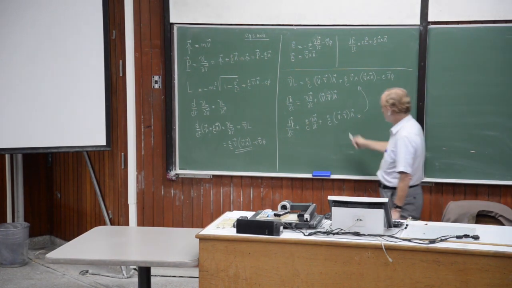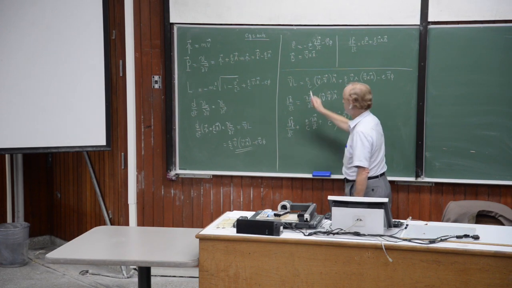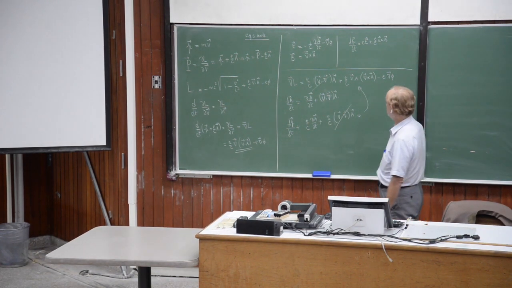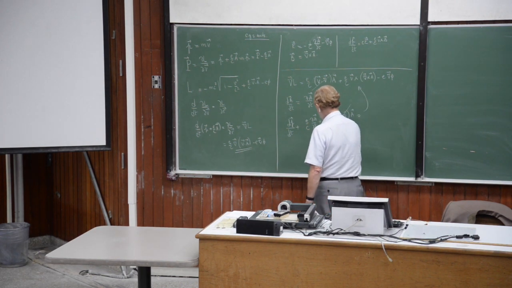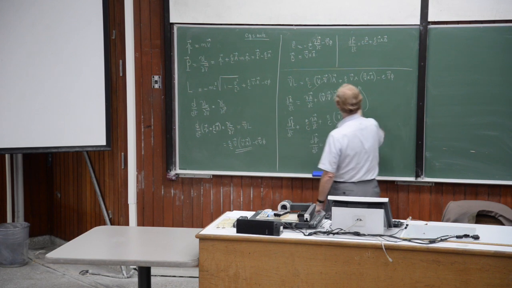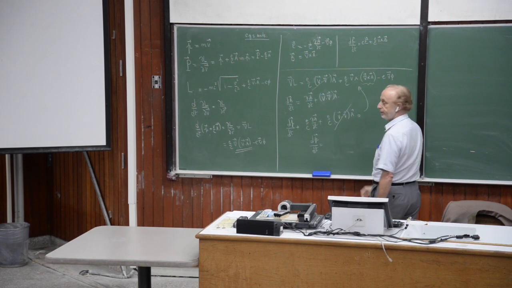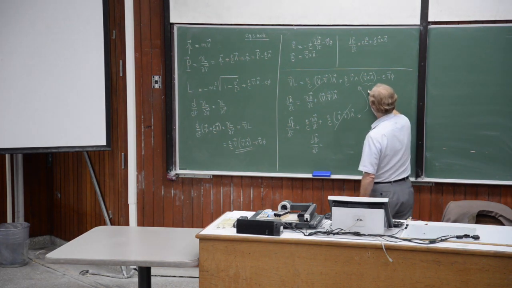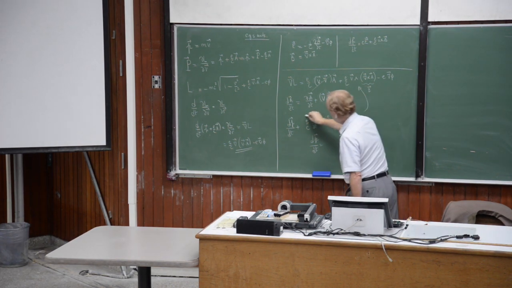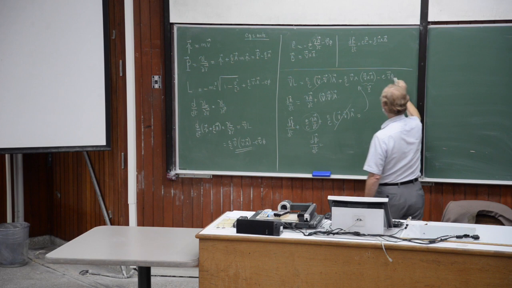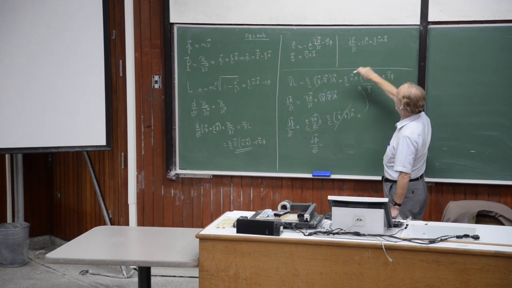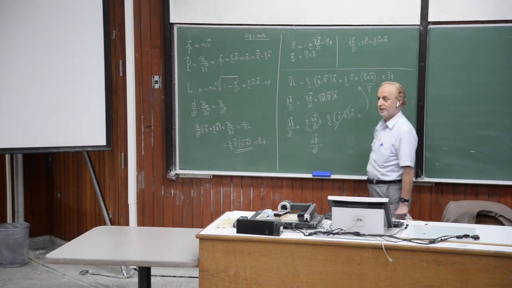Okay? So this term and this term cancel. So what is left now is dp/dt is this. Now what is the curl of A? Is B, right? That's B. I take this term to this side, and combining it with this term, I have the electric field.